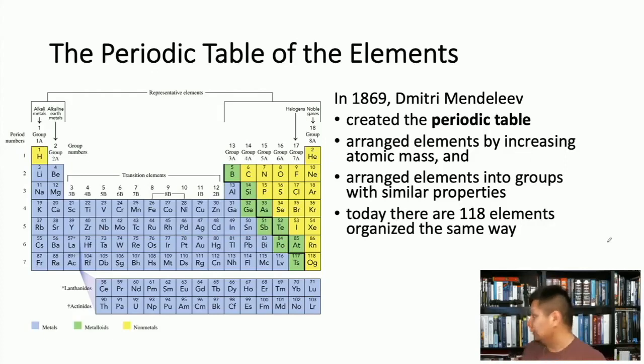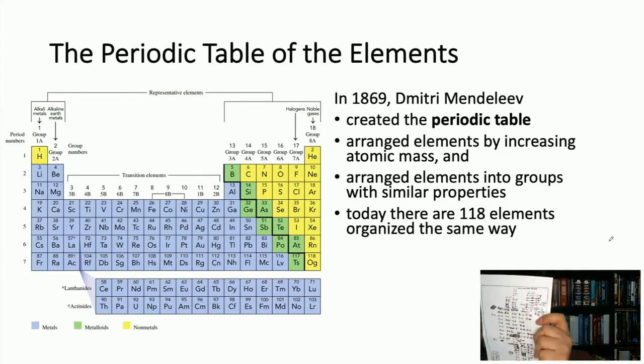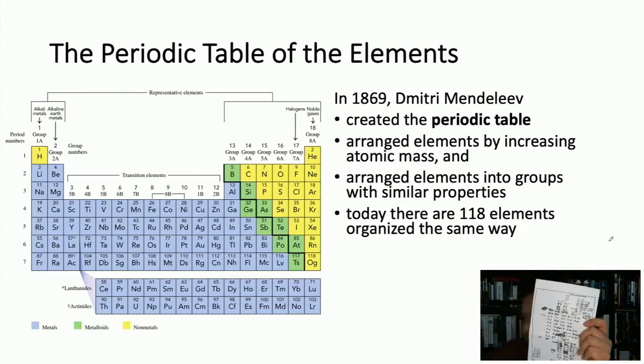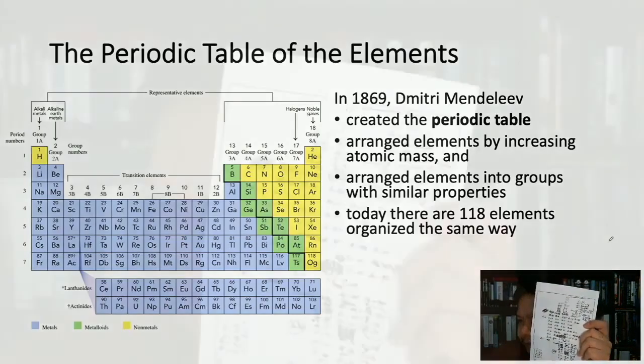And I actually have over here a book, and in this book there's a copy of his original periodic table. If I can get it out real quick to show you. Right here. Actually, let me maximize the screen for you so you can see it.